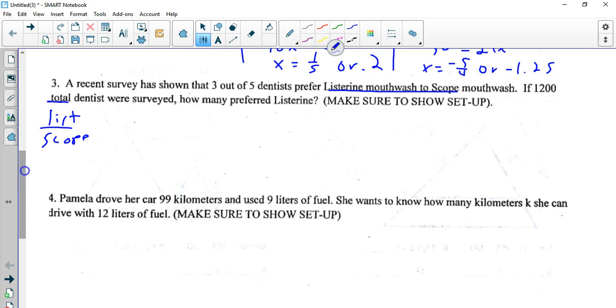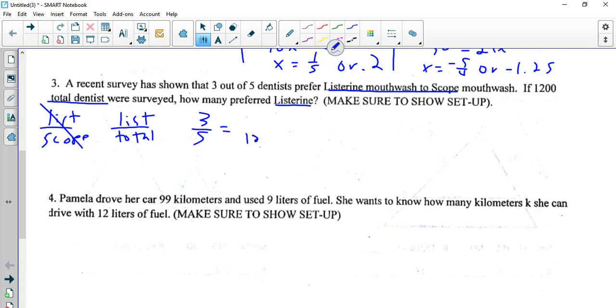Well, now we're looking at the total dentists, and we're talking about Listerine. So we don't really care about scope now. We want to know Listerine compared to the total number. So our magic ratio is 3 out of 5. 3 liked Listerine out of every 5 total dentists.